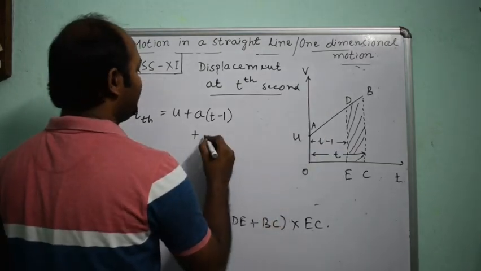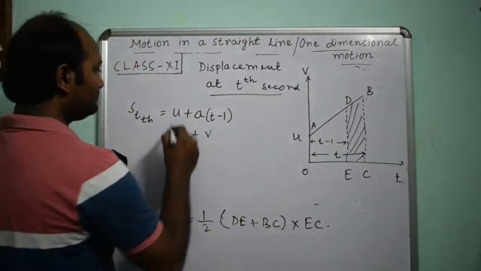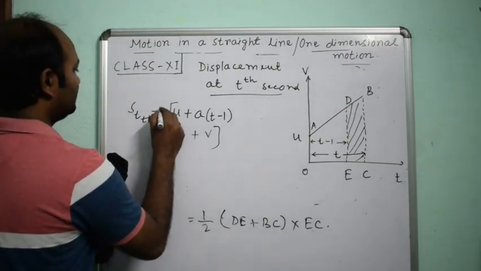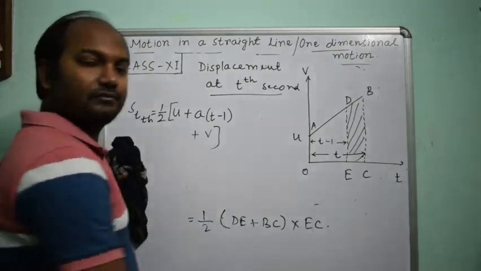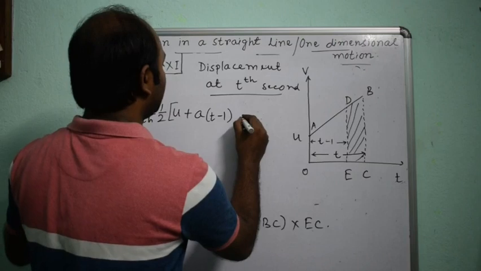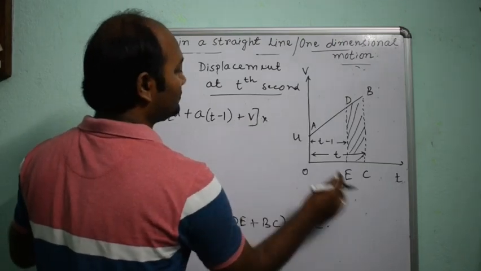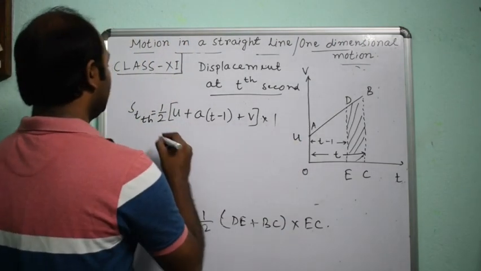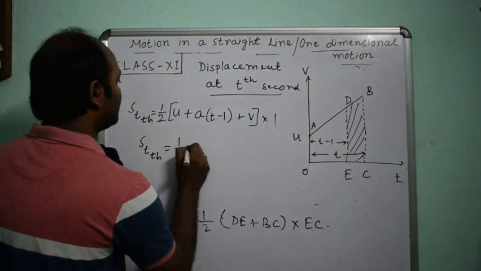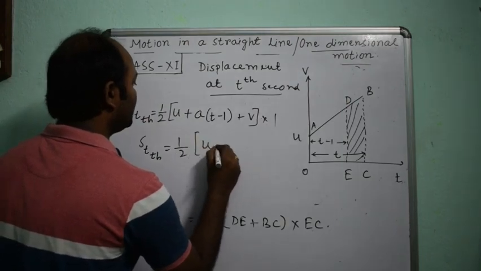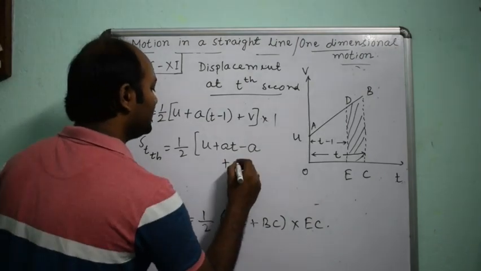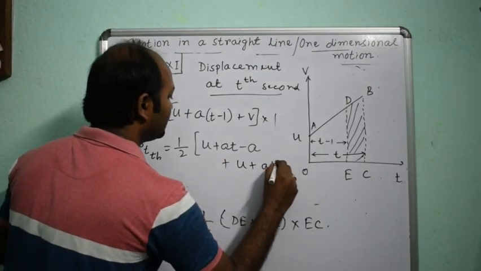So S_tth equals half into u plus at plus v into EC, EC means 1, so half into u plus at minus a plus v, means u plus at.